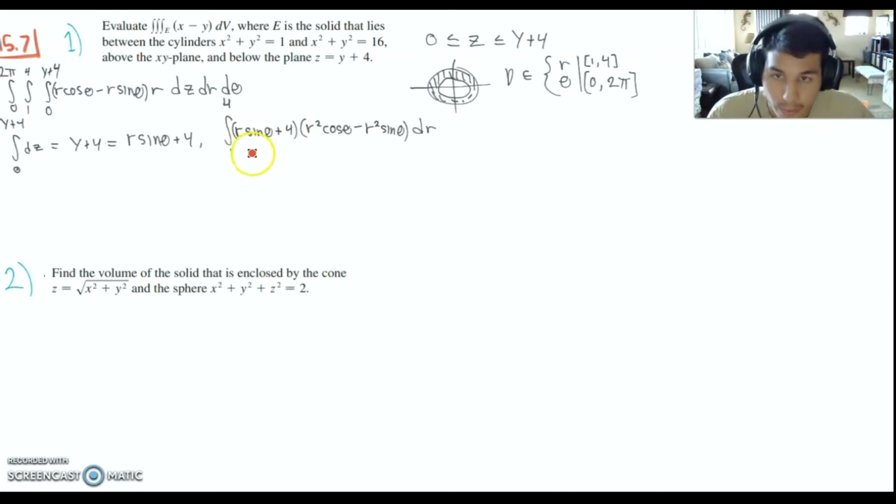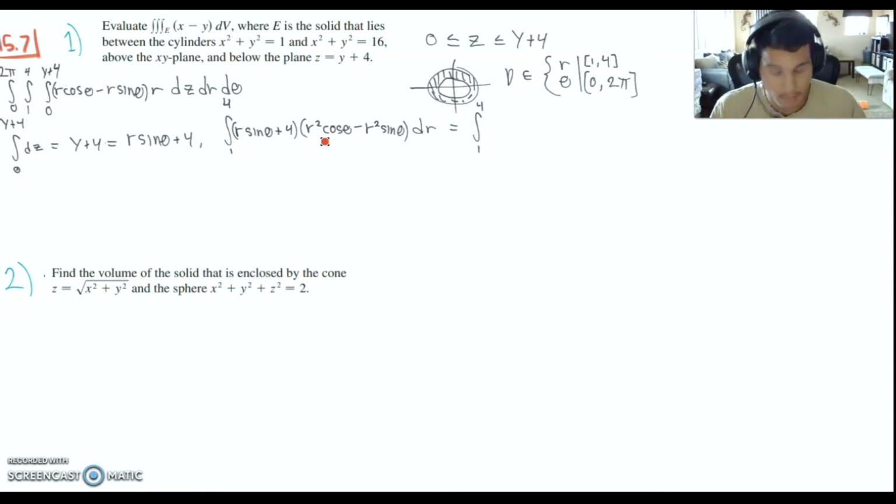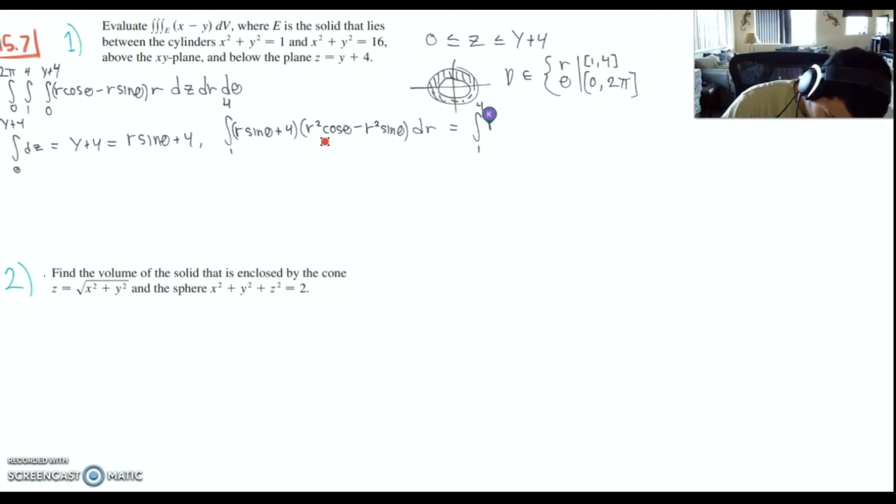Okay, so r sine theta times r squared cosine theta, I see that as r cubed sine theta cosine theta.